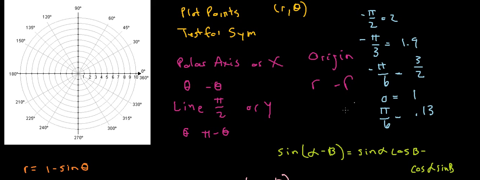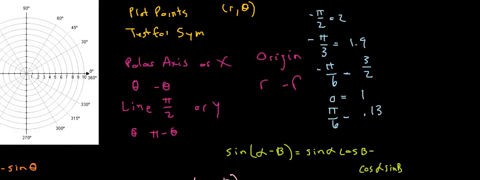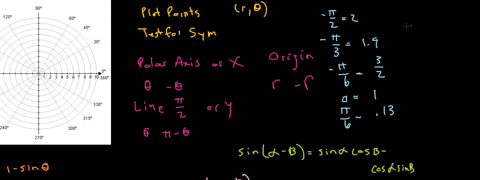This is a mess. Oops. Pi over 3. Oh, I looked at the wrong one. I knew something was wrong. I was going to say, that's just 30 degrees. I knew that one. Didn't even need to calculate that.